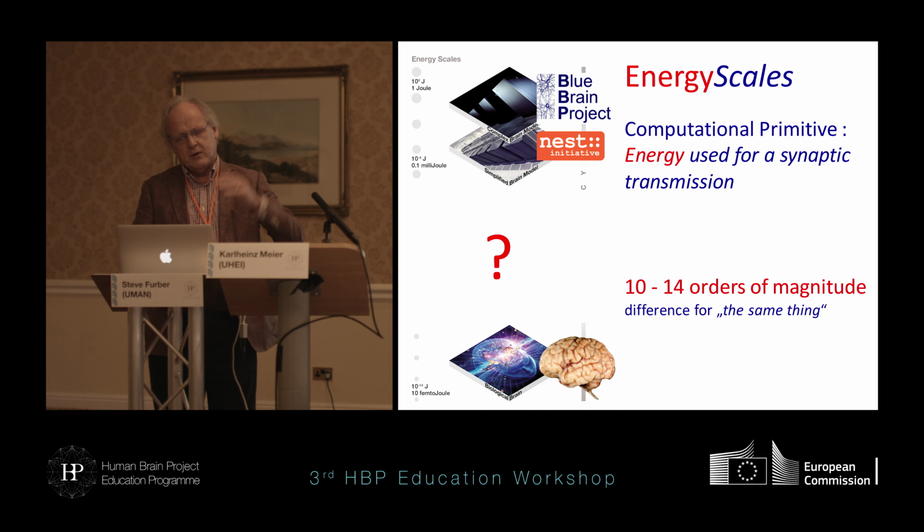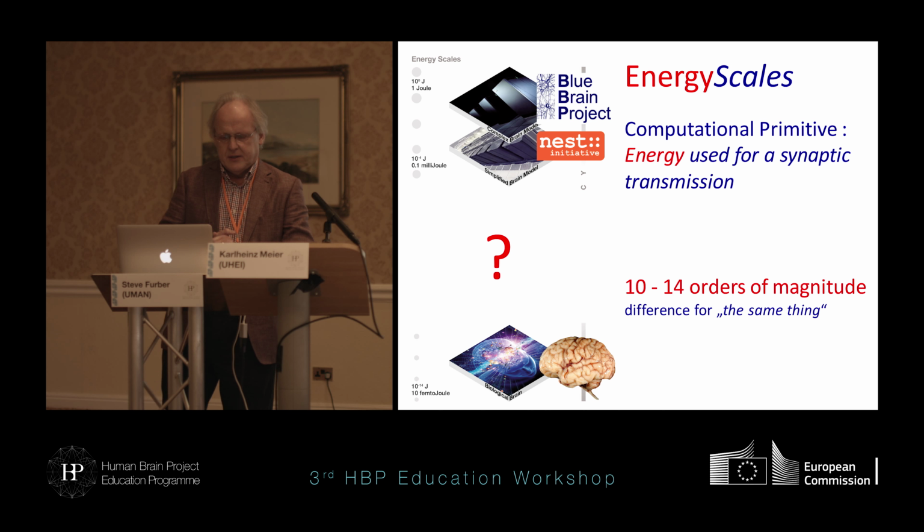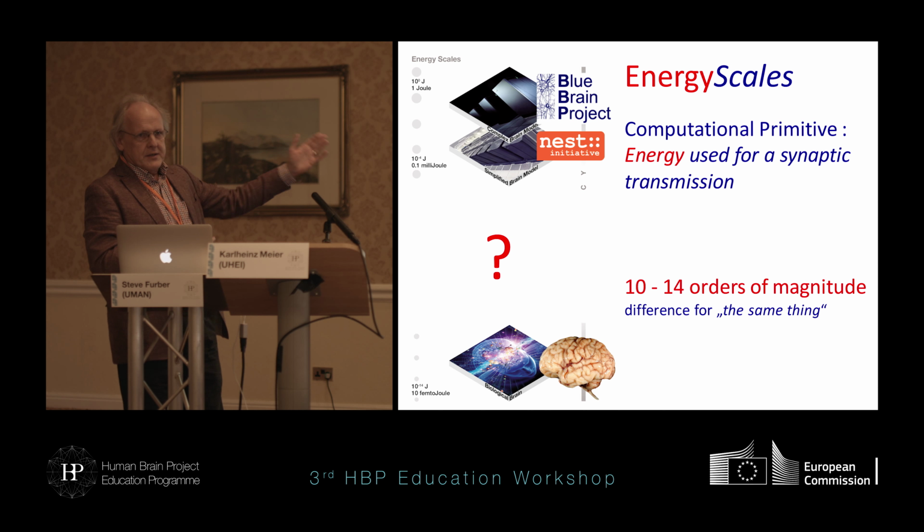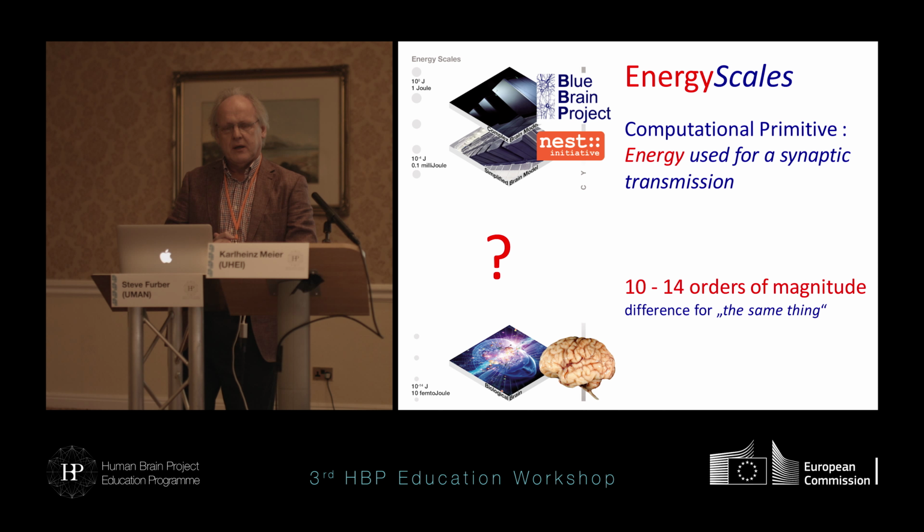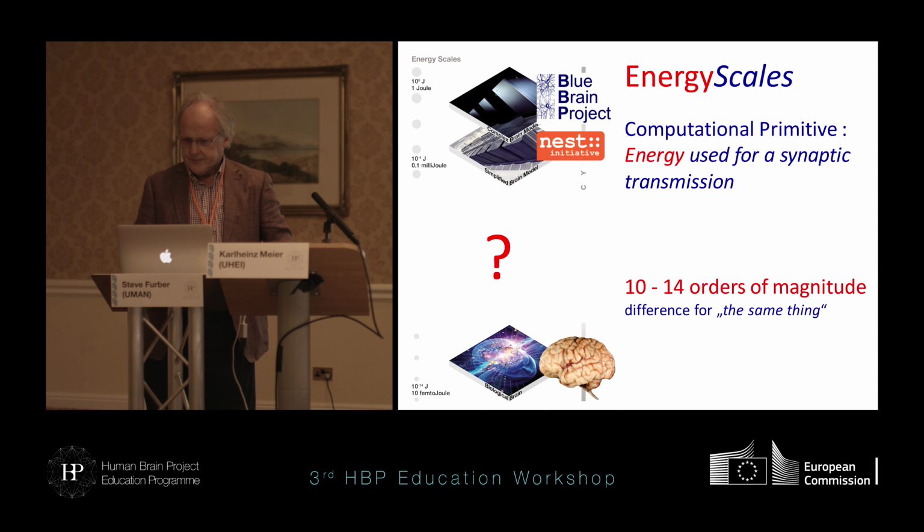And so those two principles are 10 or 14 orders of magnitude less efficient than the biology for doing the same thing. And the question is, is there some middle ground? Can we find something that does this better?